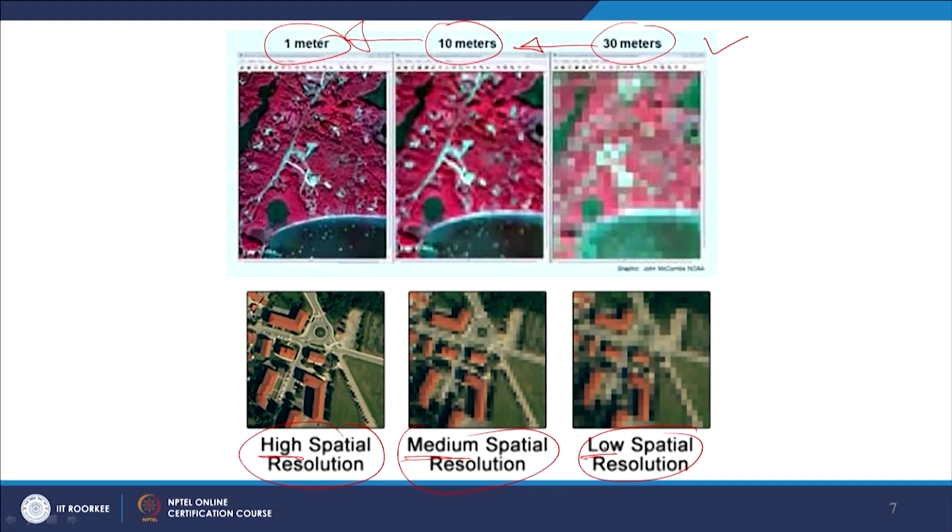Because if I talk about remote sensing images, now even 30 centimeter spatial resolution satellite images are available. At the same time people are extensively using satellite images which have 1 kilometer spatial resolution. So 1000 meter versus 0.3 meter.